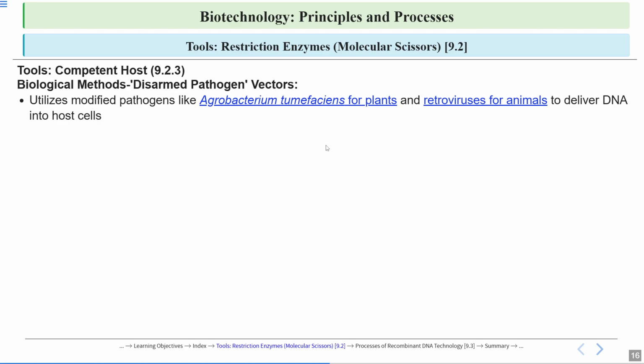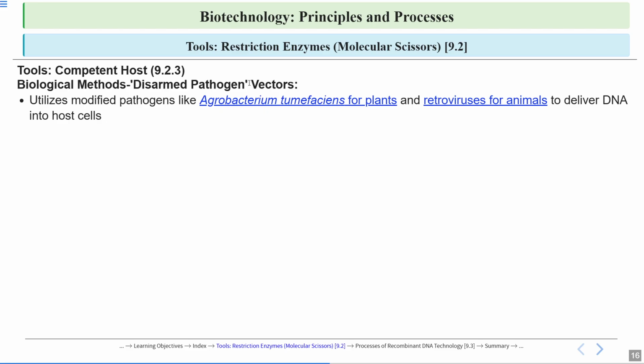For example, Agrobacterium tumefaciens, which we also talked about in the last class, has the ability to transfer T-DNA, and this T-DNA is responsible for tumor development. But we can disarm it and integrate the T-DNA with some foreign DNA which is useful, which we need to insert into the plant. Thus we utilize modified pathogens, Agrobacterium tumefaciens for plants, and retrovirus.